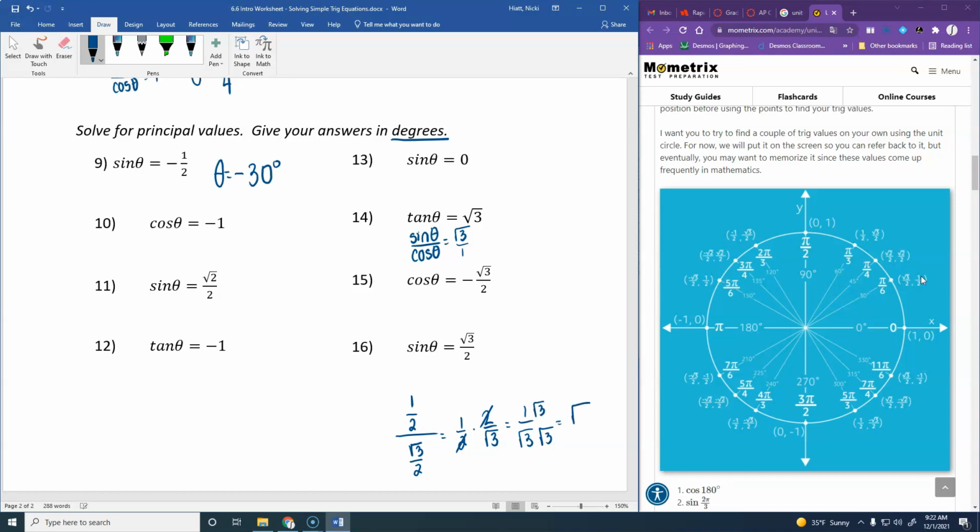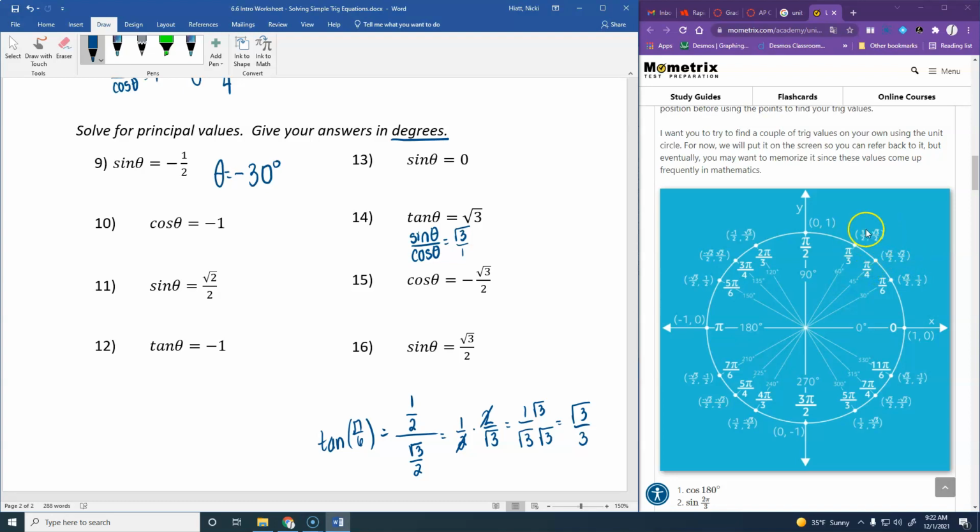So we'll get square root of 3 over 3. So this was tangent of pi over 6. We need this just to equal square root of 3, so this is not our answer. At pi over 4, we're going to get just 1 because we'll do square root of 2 over 2 divided by square root of 2 over 2, which is 1. So this is not our answer.